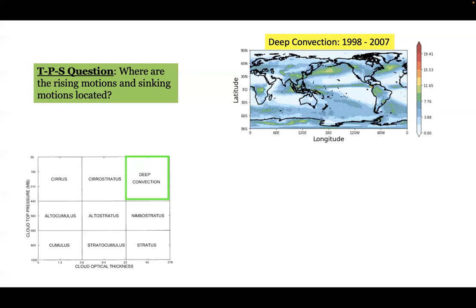I told you the answer, but exactly to what extent that is the case, you can investigate, because on Wednesday's lab I'm going to introduce some instantaneous data sets, no longer monthly mean, and you can investigate how deep convection is clustered along the band.